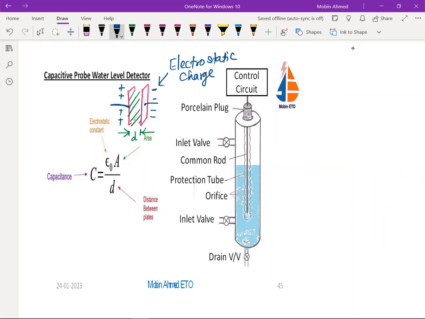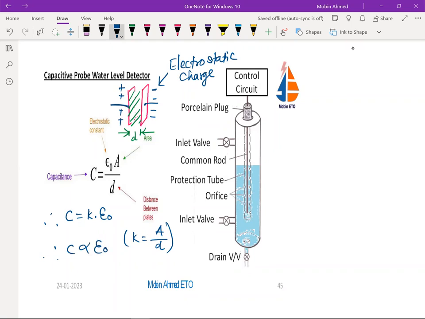Now if we consider the area of the plates and the distance between the plates constant, then C is going to be K times epsilon naught, the dielectric constant, where K is equal to A upon D.